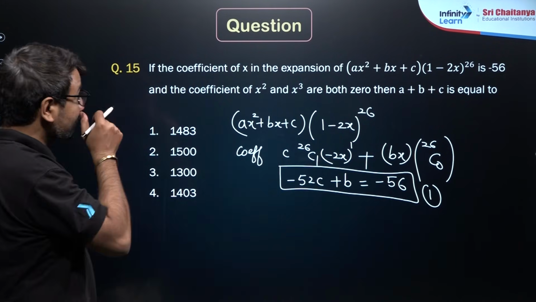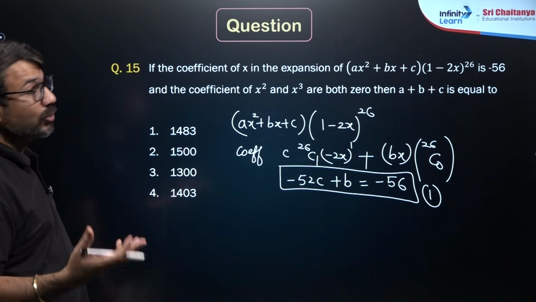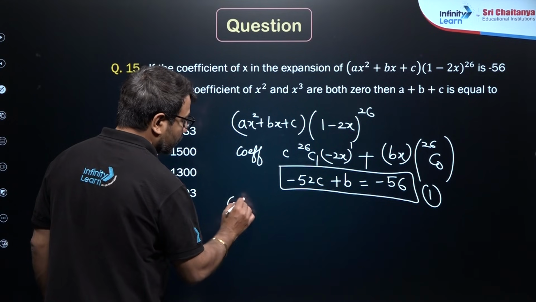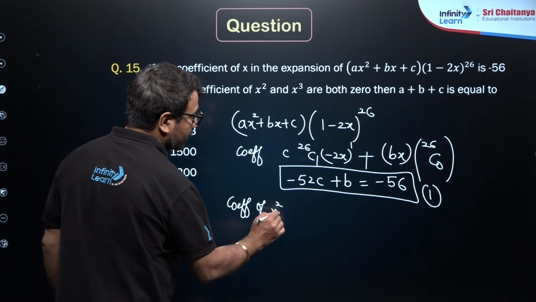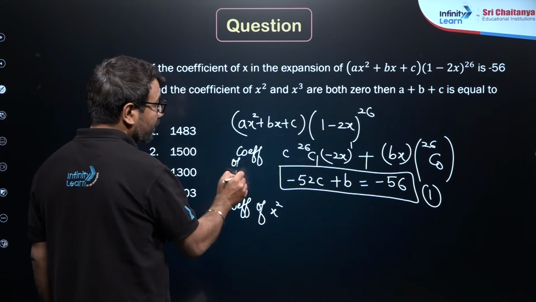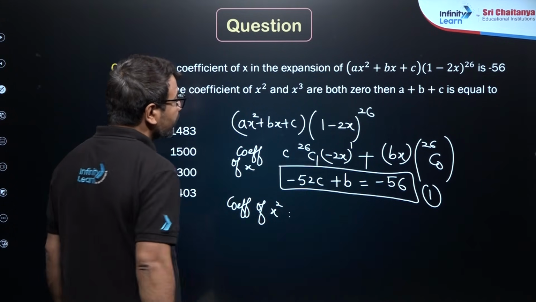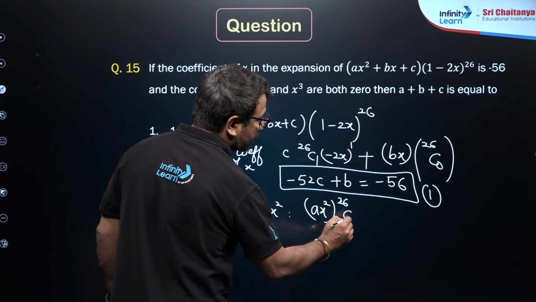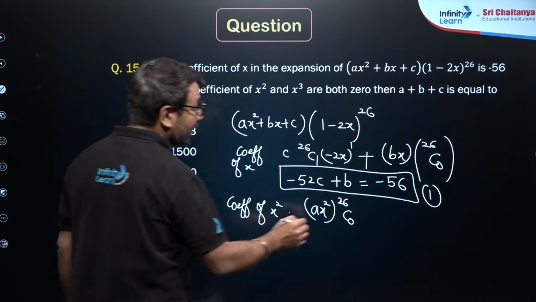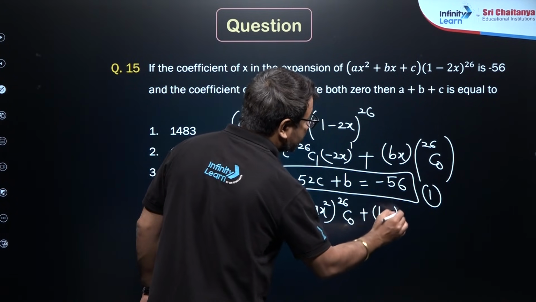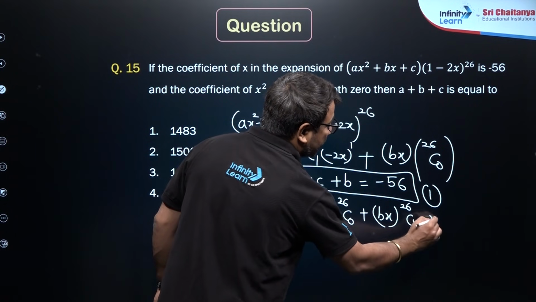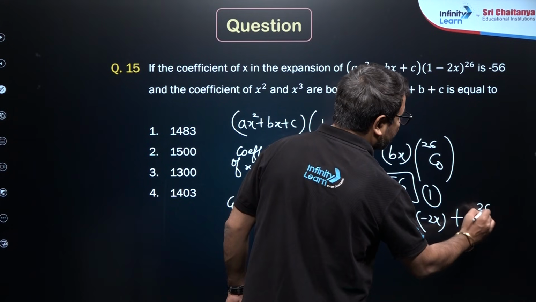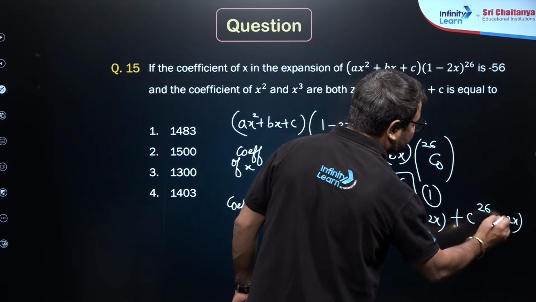Second relationship: the coefficient of x square and x cube are both 0. How will you find x square? I am talking about the coefficient of x square now. The coefficient of x square comes when you multiply ax square with a constant term, or you multiply bx with a term having x, or you multiply constant c with a term having the power 2 on it.